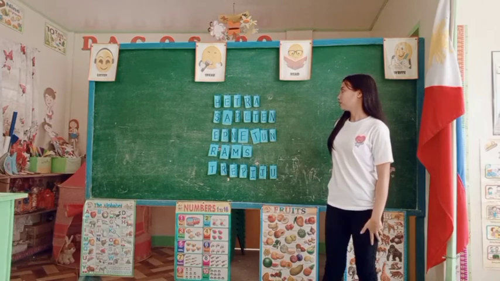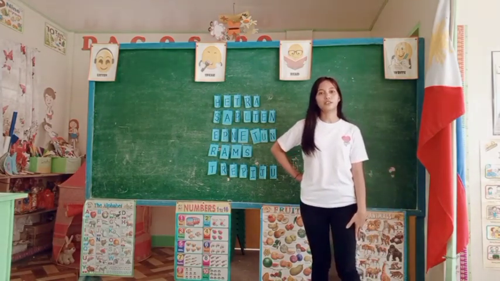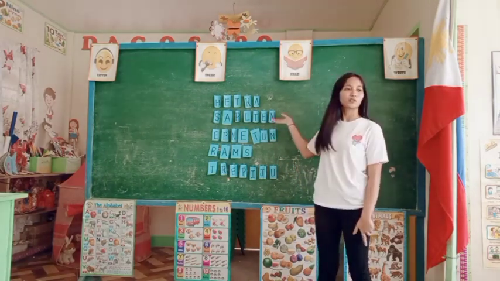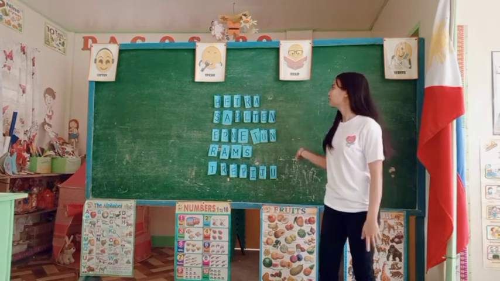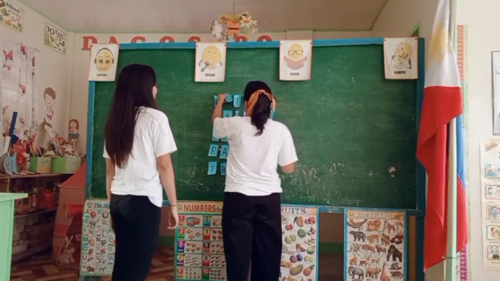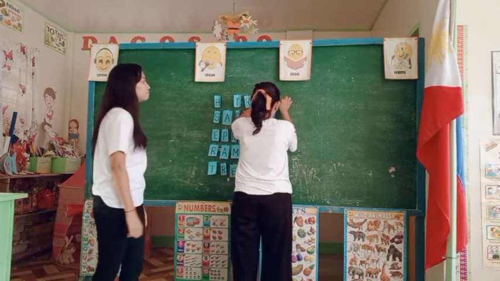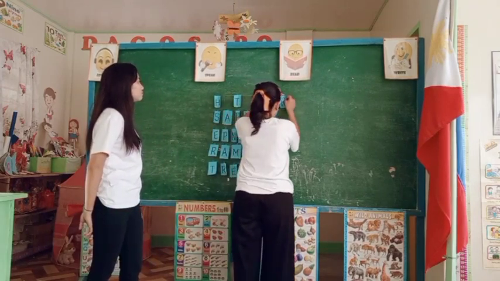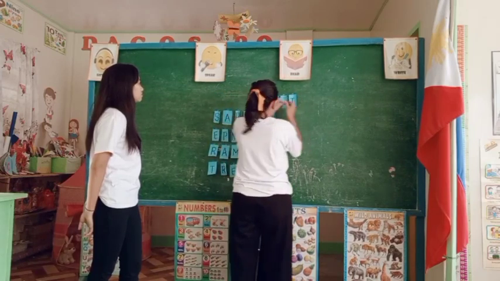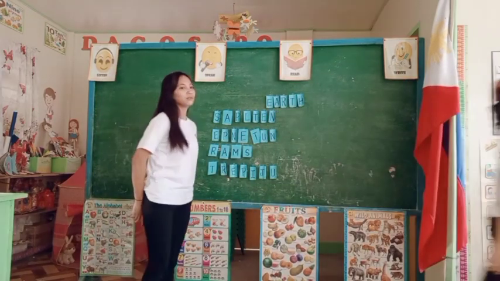Let's proceed to our next activity. Class, I have a Jamboard paper here and you just need to arrange it in order. Children, is anyone able to answer this? Okay, we have the word Earth.